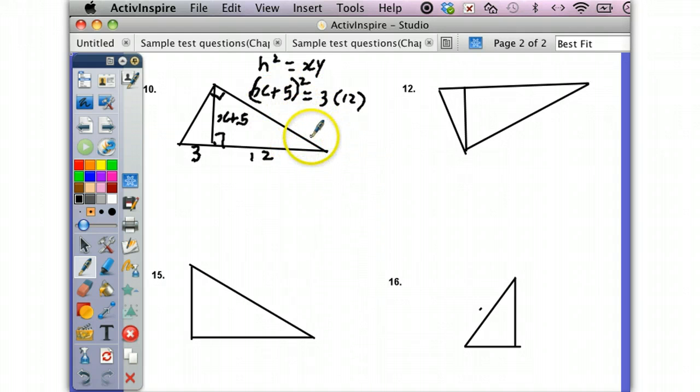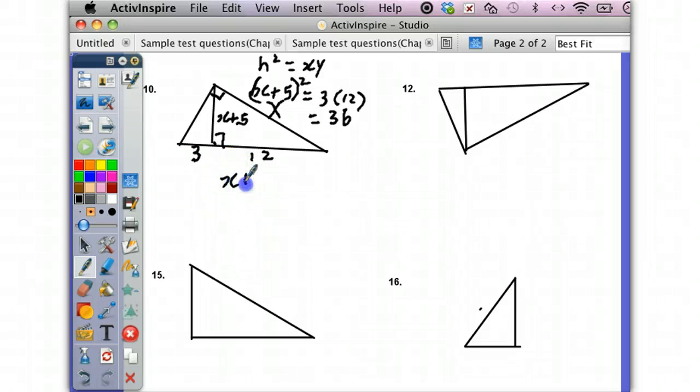Okay. So if you consider this right here as a giant variable, I'm just going to put, let's say, a big X all squared equals 36. Then we can find that by taking the square root.